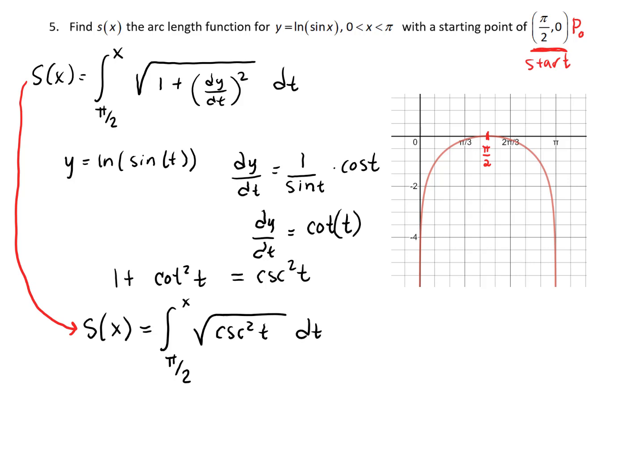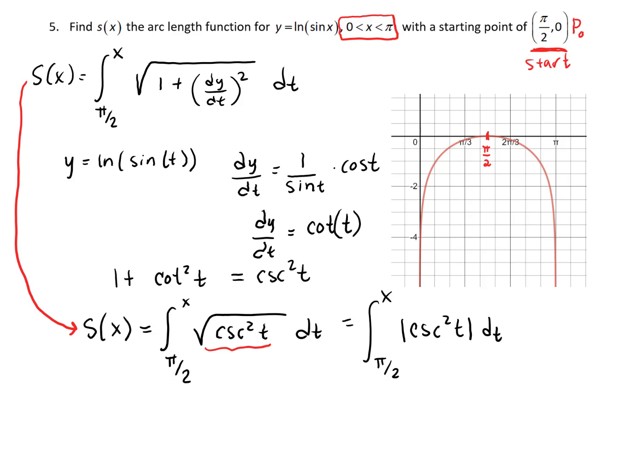Now, before I scroll up, I just wanted to make a little note here that we are only looking at this function from x equals 0 to x equals pi. So keep that in mind, because when I take this square root right here, this ends up being equal to the integral from pi over 2 to x of the absolute value of the cosecant of t dt.